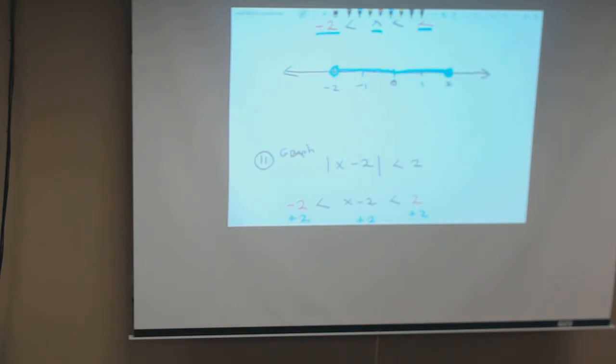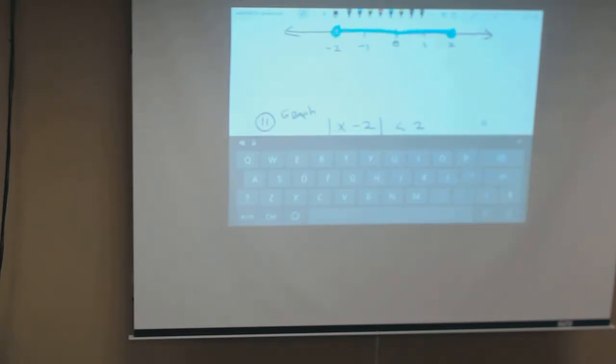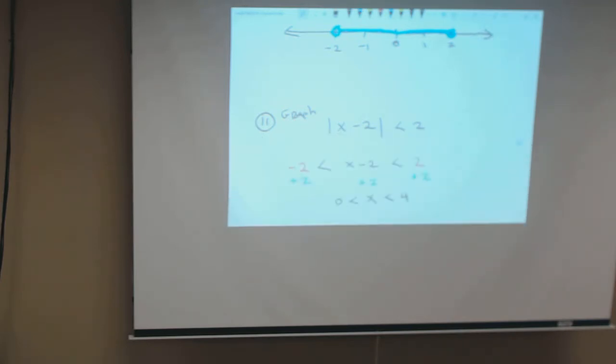11 says graph the absolute value of x minus 2 is less than 2. So now I have x minus 2 is between 2 and negative 2.